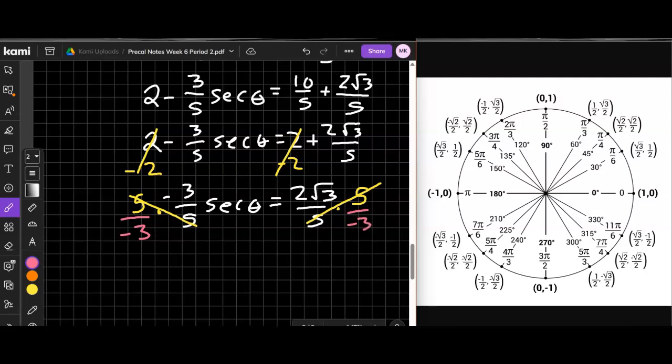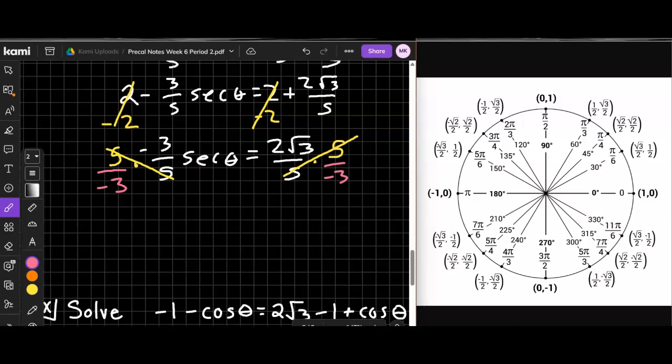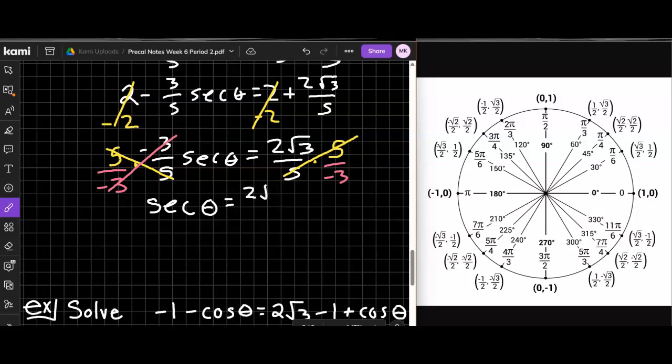And so simplifying this out, after the 3's cancel out on the side with the secant, we have the secant of theta equal to 2 square root of 3 divided by 3. And a positive 2 root 3 divided by a negative 3 makes that a negative number.